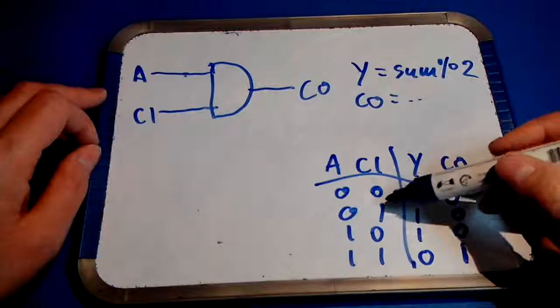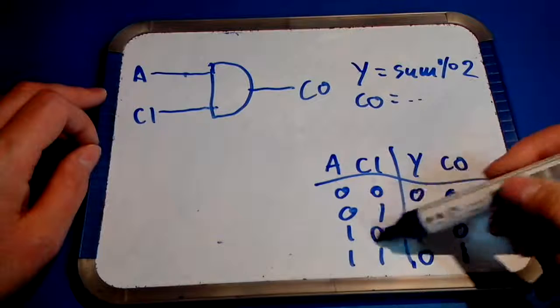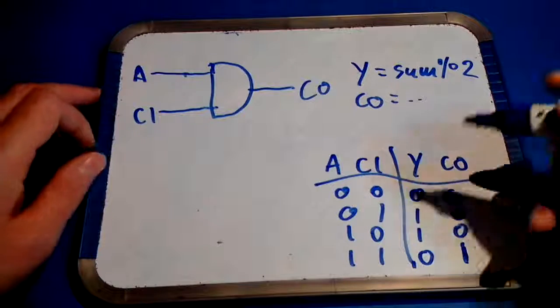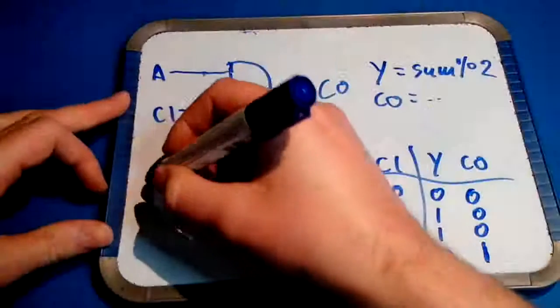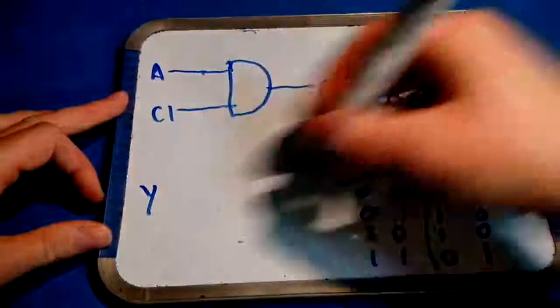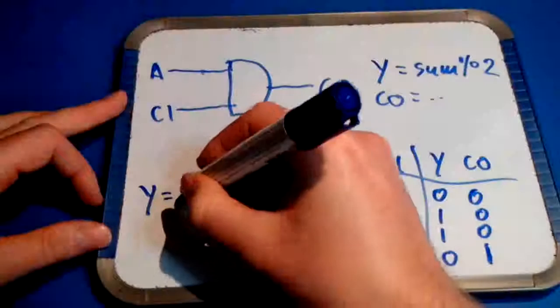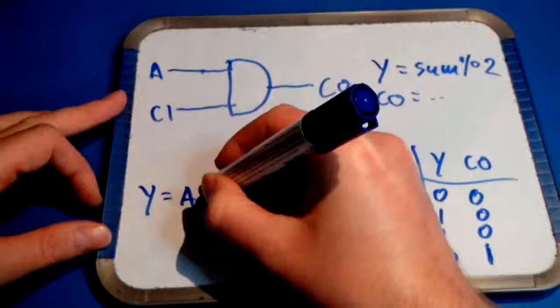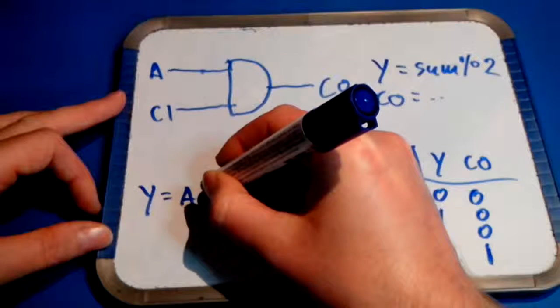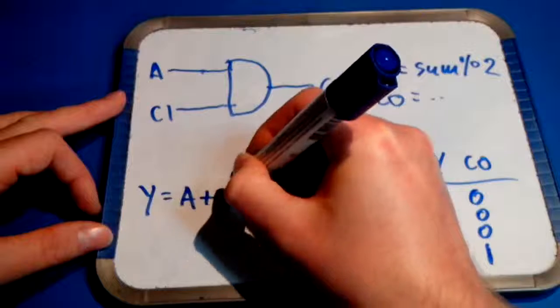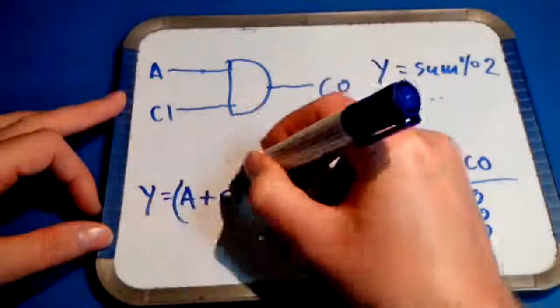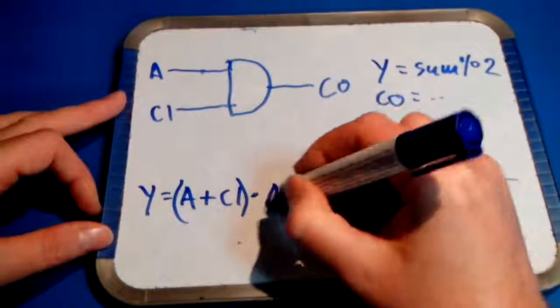So Y is 1 if one of A and carry in is 1, but not both. Let's avoid the XOR function. Let's write that exactly as pronounced. Output Y is true if either A or carry in is true, but not both.